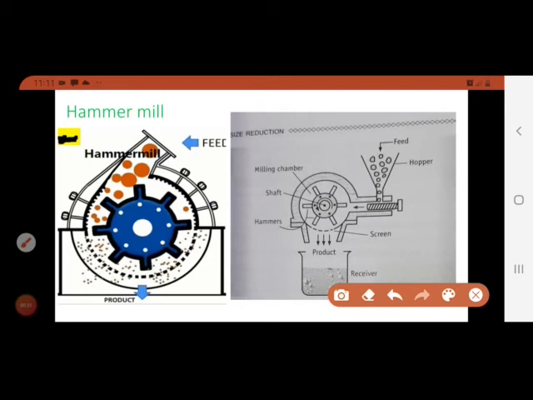The lower part of the casing has a screen which allows the particles out after the size reduction. There is a hopper through which the particles enter into the hammer mill.